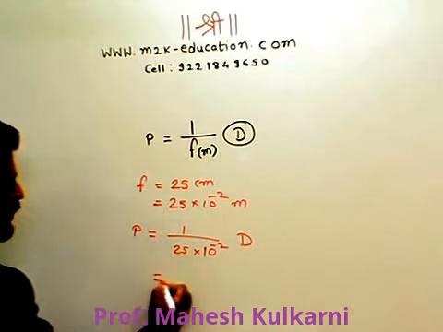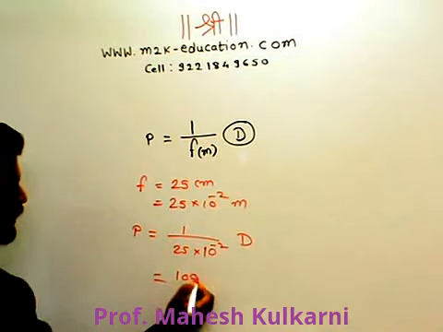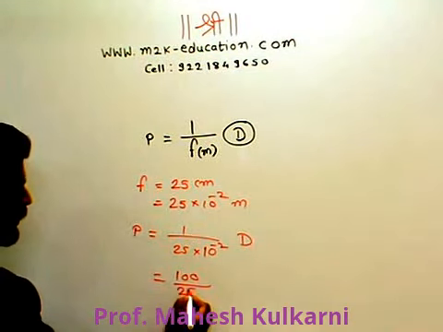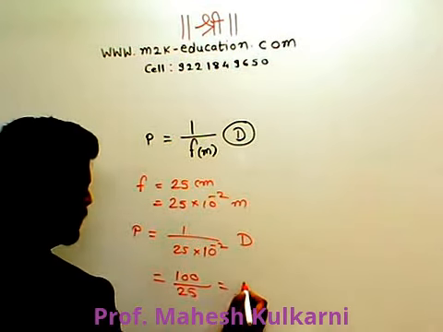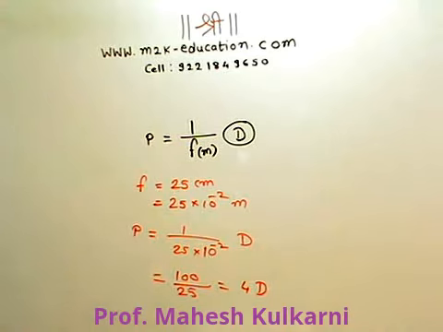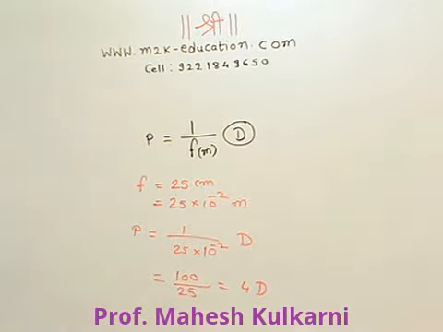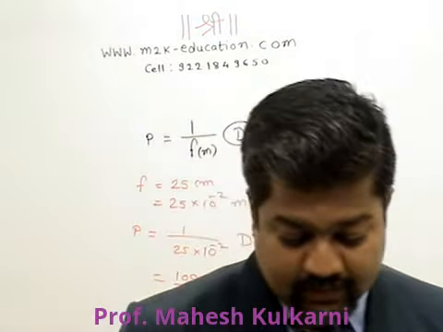The unit is diopter. Now it's very clear that 10 raised to minus 2 I can take to the numerator as 10 raised to 2. 10 raised to 2 is equal to 100. 100 upon 25, so the answer goes as 4. Unit diopter. So this way we can calculate the power of a lens.